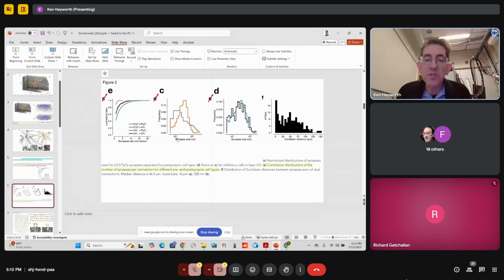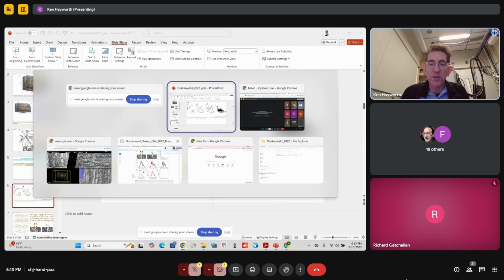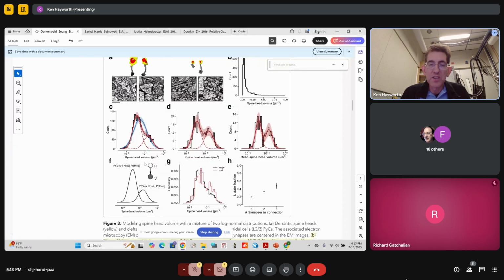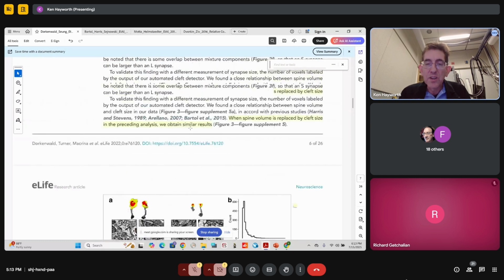So synapse sizes are in, actually, now I'm confused. These used to be in fractions of a cubic micron. I forget what units these are. I'm going to switch over to the paper for a second, see what units these are.